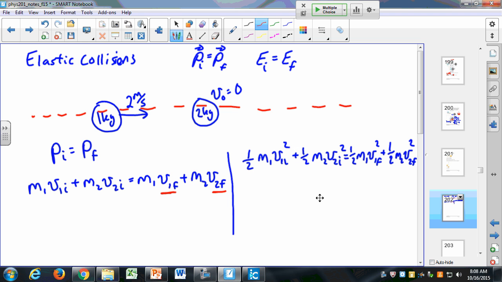Any initial term here is going to go away, so this one goes away and this one goes away. Also recognizing that I have two unknowns here and here, I have a system of two equations, two unknowns, so we can solve that, right? I'm just going to sub one of them into another. I'm going to solve this equation on the left for v1 final.